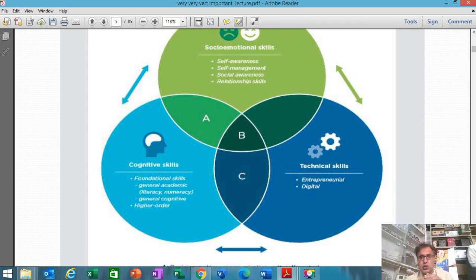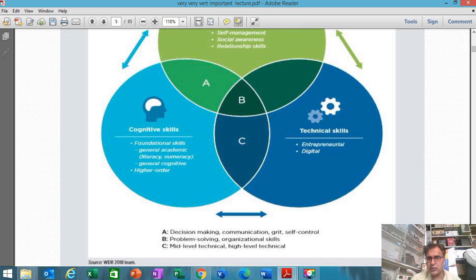Socio-emotional skills include self-awareness, self-management, social awareness, and relationship skills, and then cognitive skills. The word cognitive obviously relates to the human mind and how one's mind develops. Then foundation skills, general academic, like literacy, numeracy, general cognitive, and higher order.